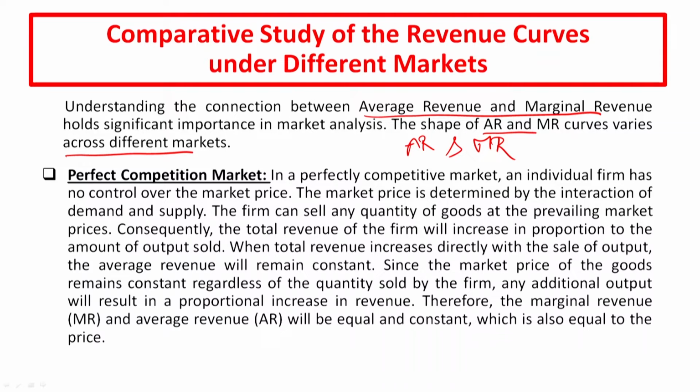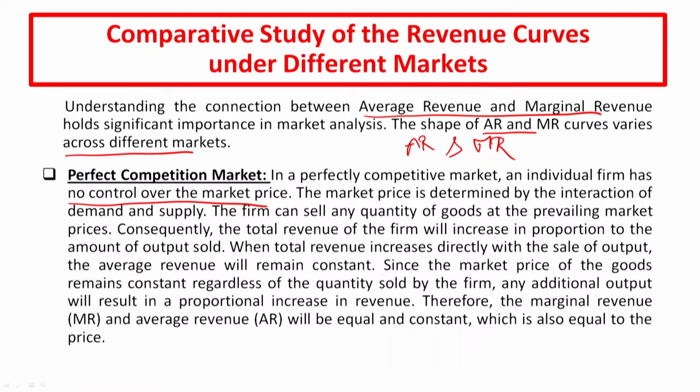In a perfect competitive market, an individual firm has no control over the market price, which means in perfect competition the firm is a price taker. Okay? So that is mentioned here, the individual firm has no control over the market price.